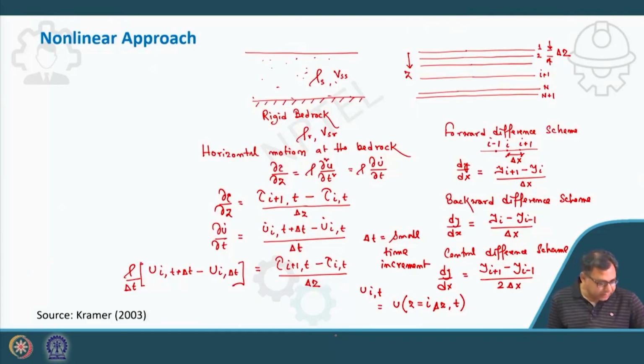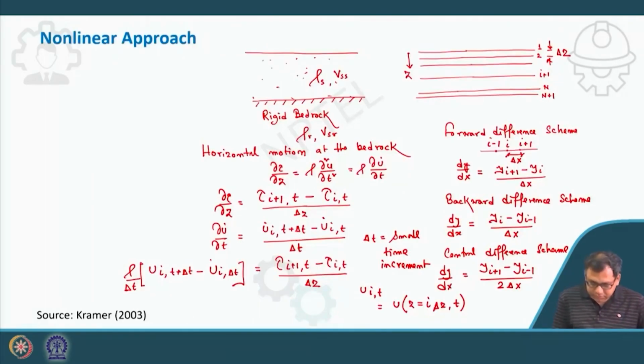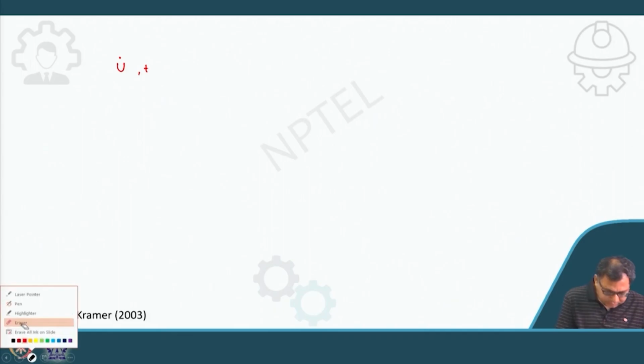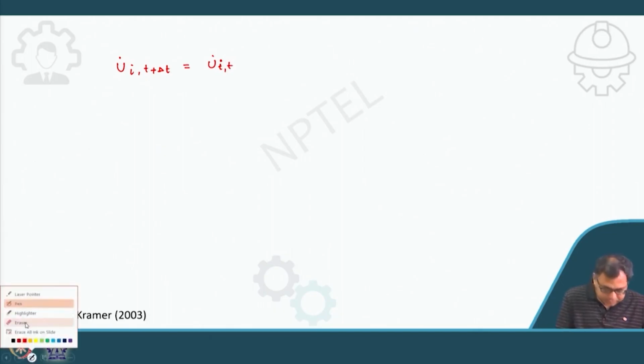If I simplify that, I can write u dot I at t plus del t will be equal to u dot I at t plus del t divided by rho del z into tau I plus 1 at t minus tau I at t.